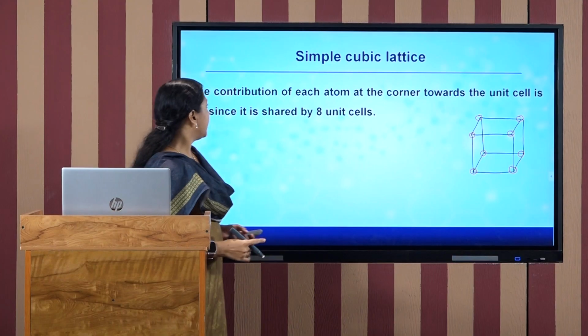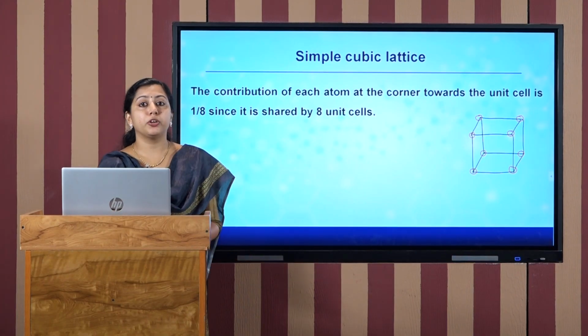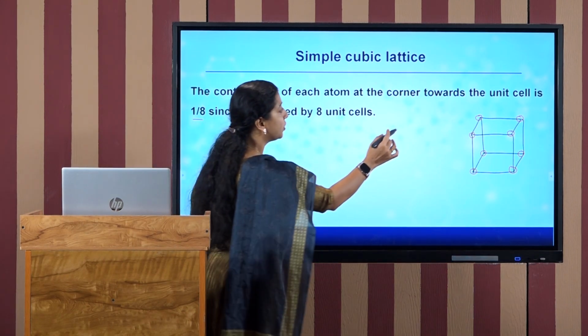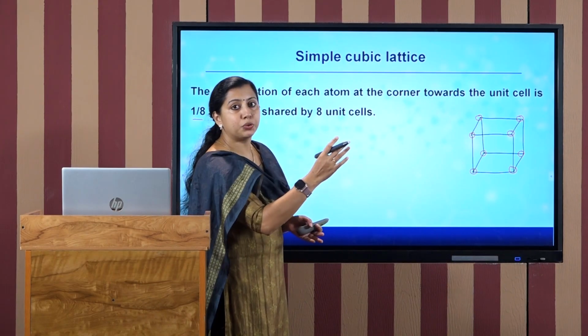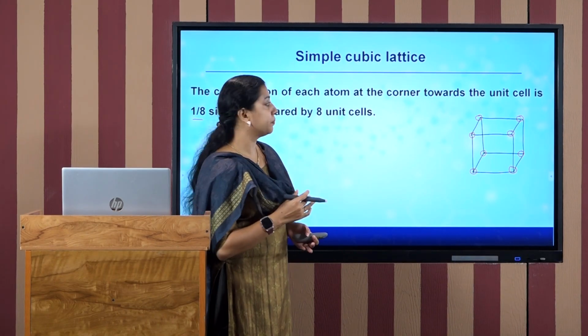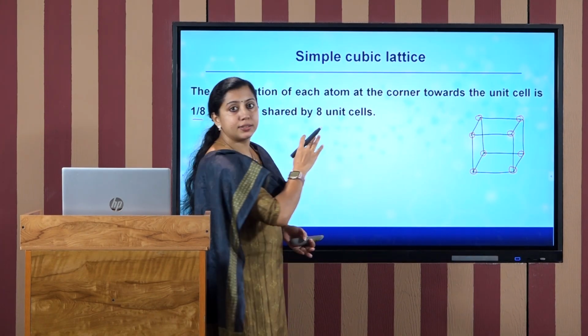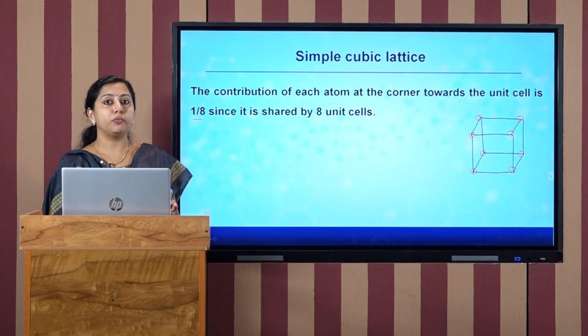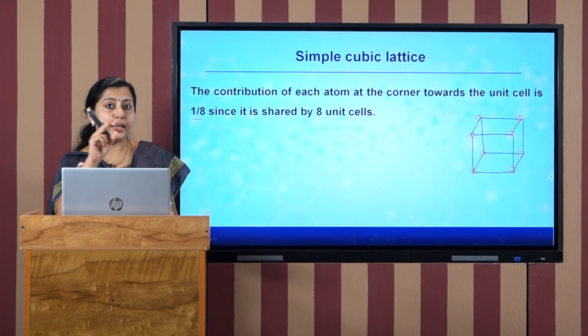Now, the contribution of each atom at the corner towards the unit cell is 1 by 8, since it is shared by 8 unit cells. That is, each corner is attached to another adjacent unit cell. There are 8 corners, so the atoms at each corner will be shared with 8 such adjacent unit cells.